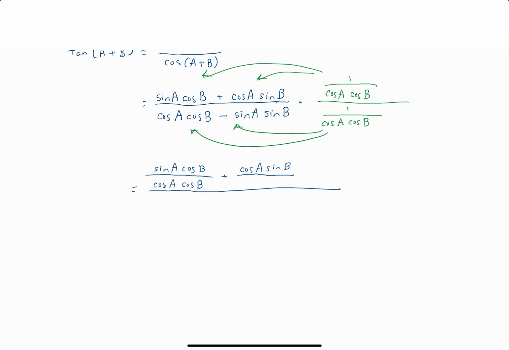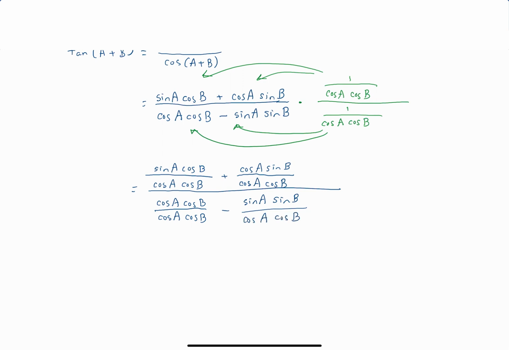Anyway, so let's see, I have cosine A sine B over cosine A cosine B, and down below I have cosine A cosine B over cosine A cosine B minus sine of A sine of B over cosine A cosine B.